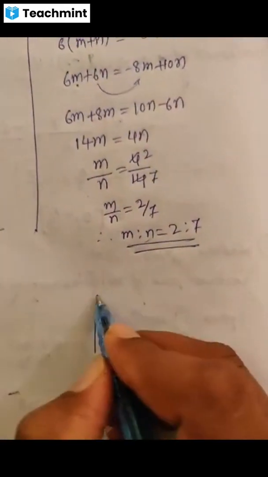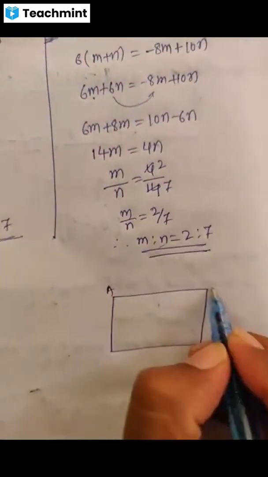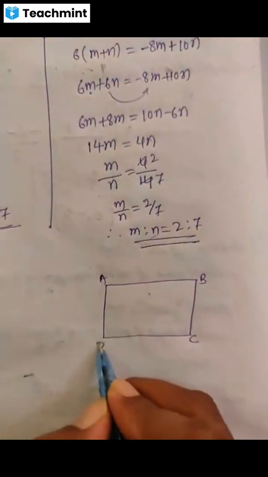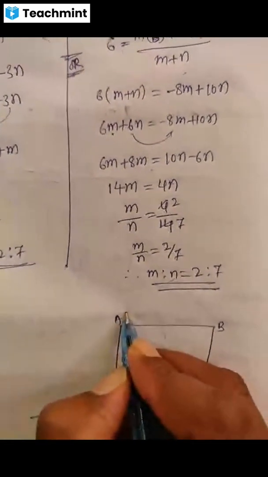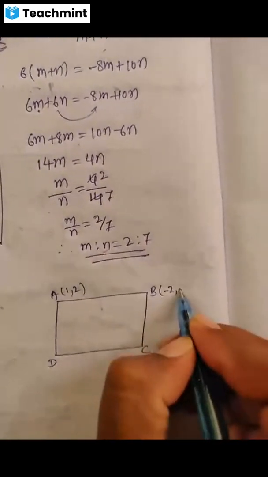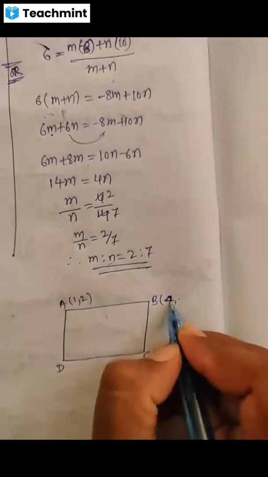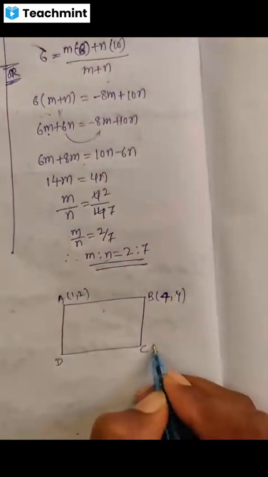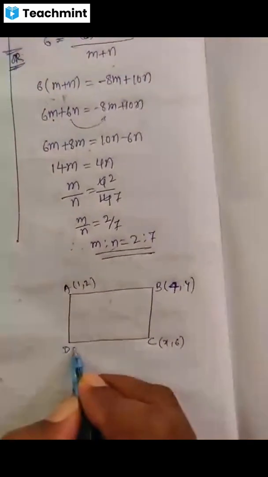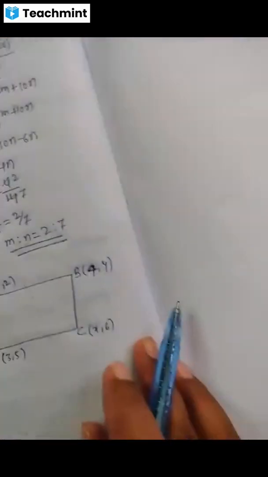See, I will draw one parallelogram, A, B, C, D. What are the coordinates of A? (1, 2). What are the coordinates of B? (4, y). Coordinates of C, (x, 6). Coordinates of D, (3, 5).